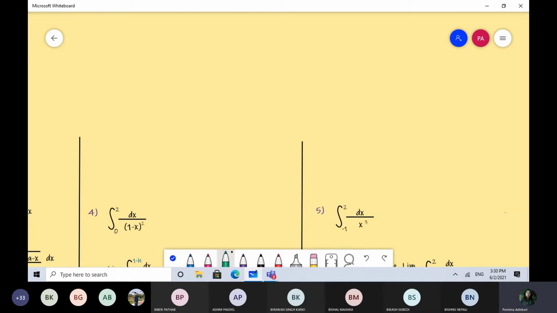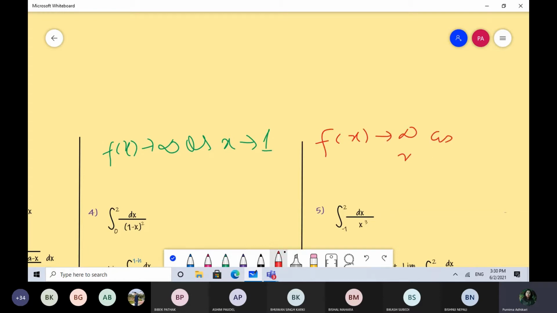Here in the fourth one, f of x tends to infinity as x tends to 1. For the other one, f of x tends to infinity as x tends to 0. So it lies in between the upper limit and lower limit.